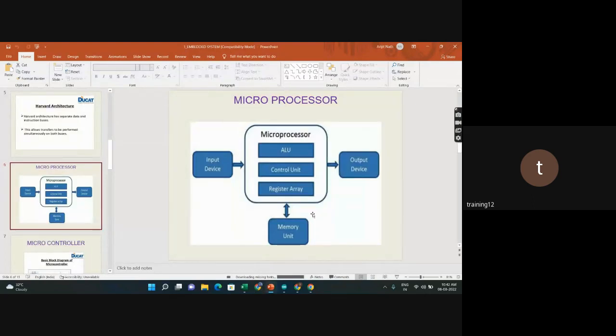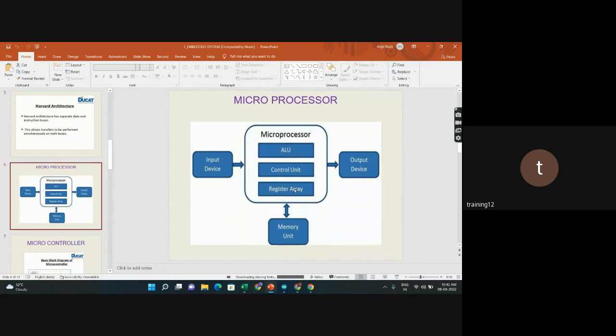So inside the microprocessor, in this block diagram, what are the things that are typically there? There is a set of registers, some general purpose, some special purpose, which are used for temporary storage of data.